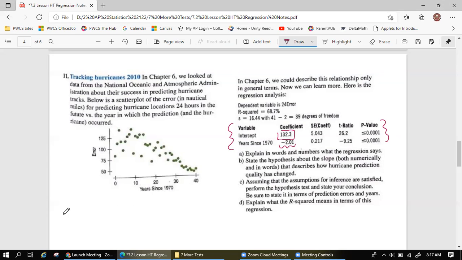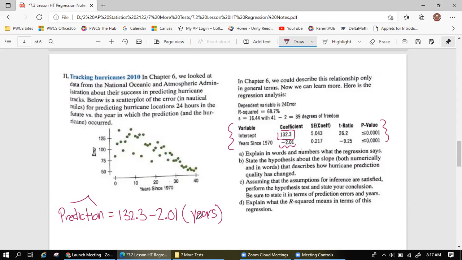I think we'll say hurricane prediction. I'm just going to do it like this with a hat, remember, because it's not an exact answer. Our intercept minus our slope times, I'm just going to say years. This is years since 1970. So this would be our linear model.